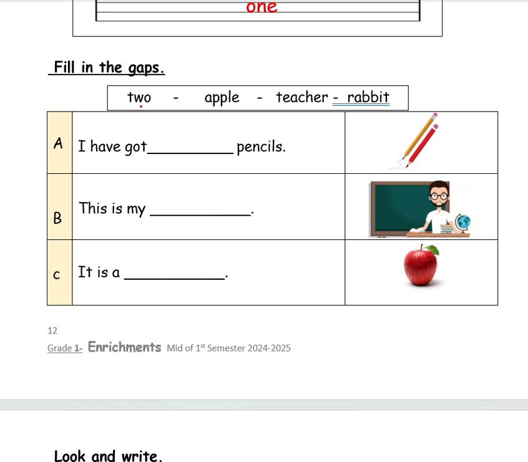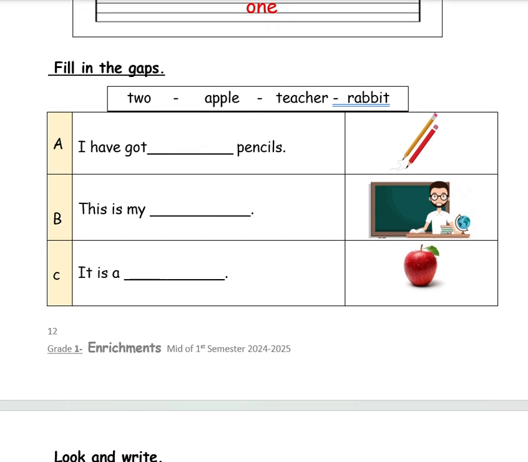Let's read the words. 2, apple, teacher, rabbit. Now look at the pictures first and then read the sentences. I have got pencils. So I can see here 2 pencils. So all I have to do is to write 2. I write 2.